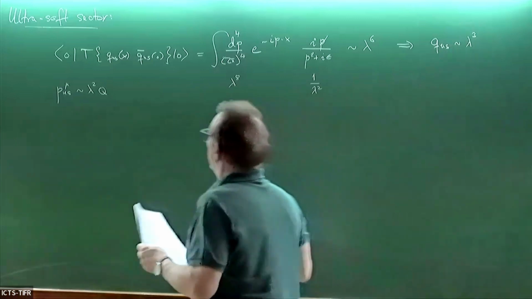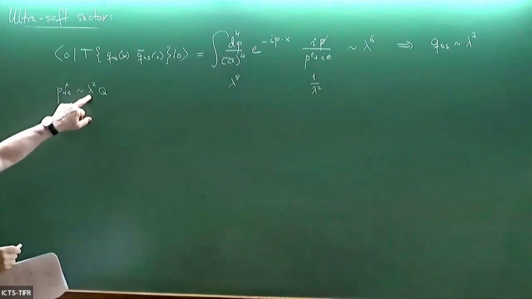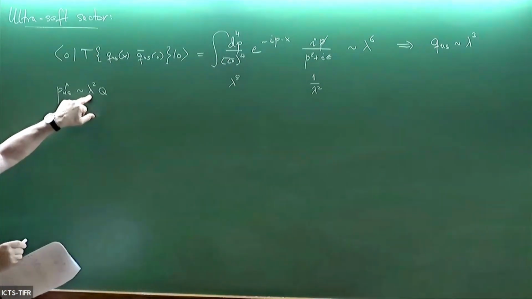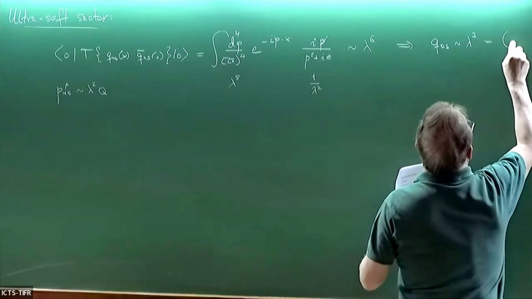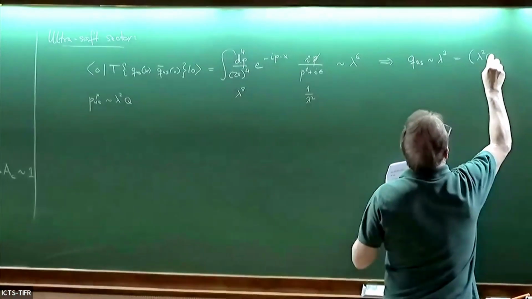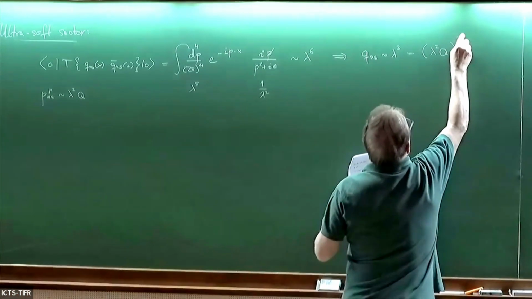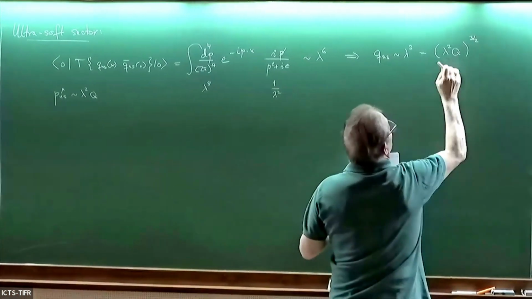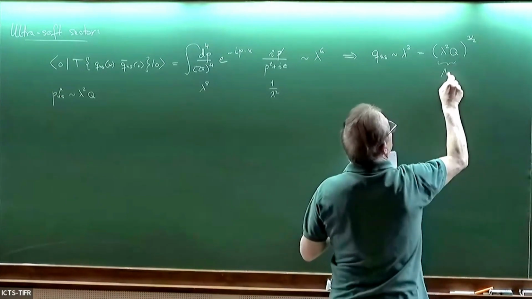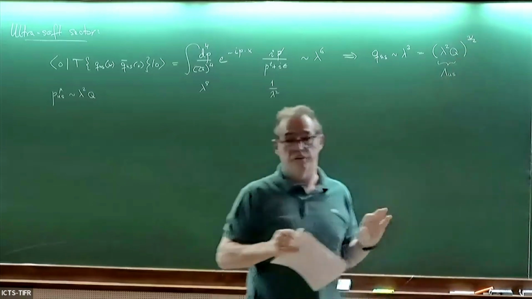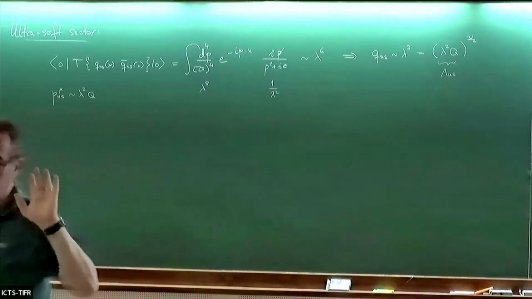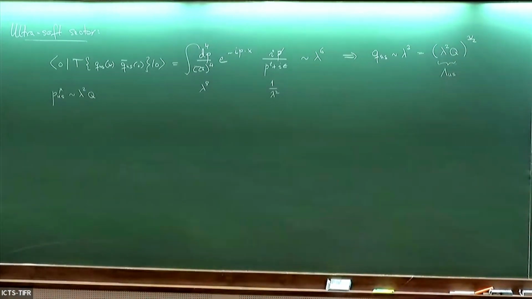And remember that the ultrasoft scale is lambda squared. So this is really, if you wish, lambda squared Q to the 3/2. This is, if you wish, lambda ultrasoft. And you see it's just the ultrasoft scale to the 3/2, which is naive canonical power counting, okay?